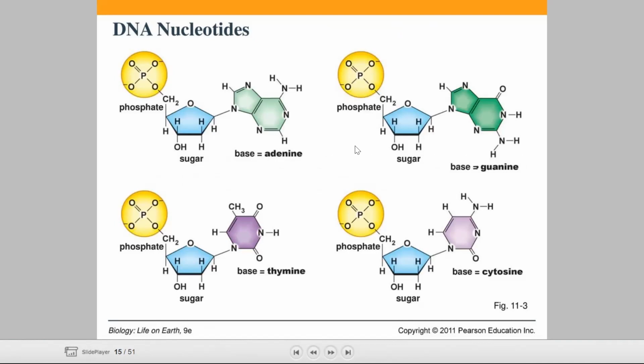Pentose, penta means five. That's why it is depicted as a pentagon, not a hexagon or octagon, because there are only five carbon atoms in the sugar. It has 5C. That's why we call it pentose sugar.